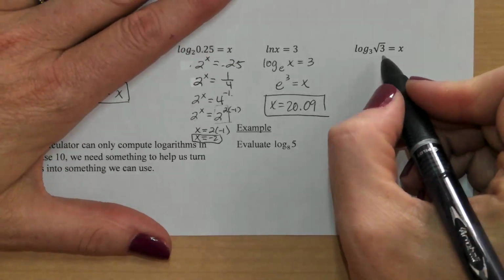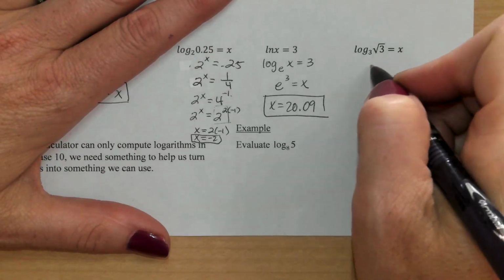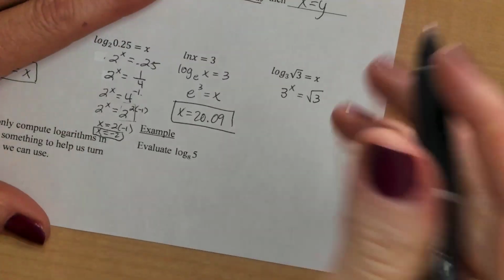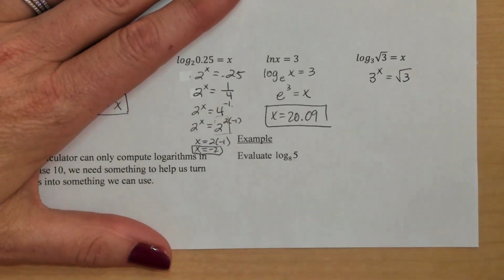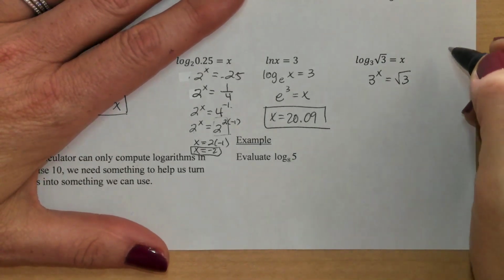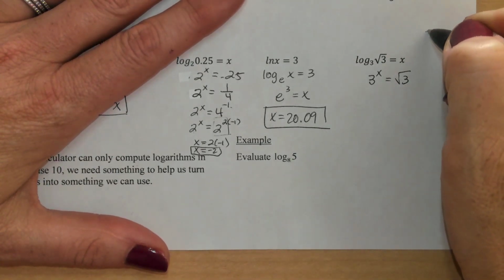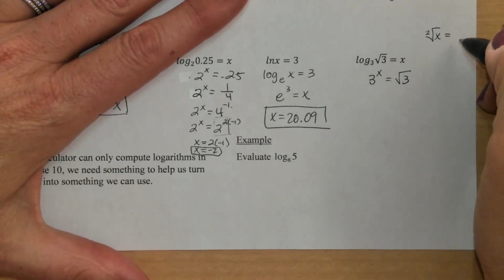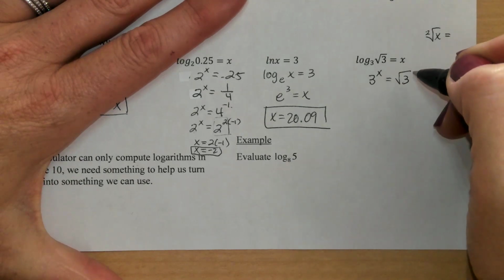Last one, I've got a root on it, and we need to talk about what that's going to look like. So let's switch to exponents, and then I've got square root of 3. If you don't remember, square roots can actually be rewritten as fractions. So a fractional exponent, which seems a little like, oh my word, why would I want to do that? But we would rather have an exponent in this chapter than a square root.